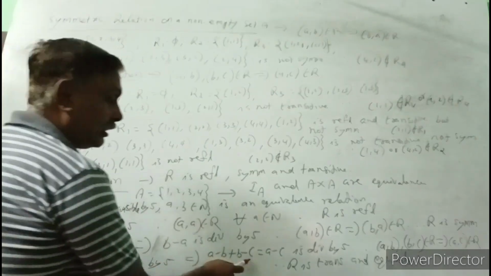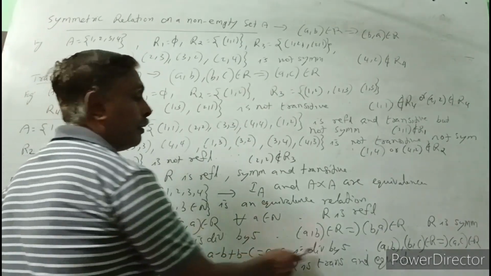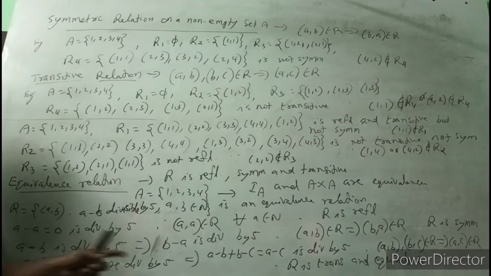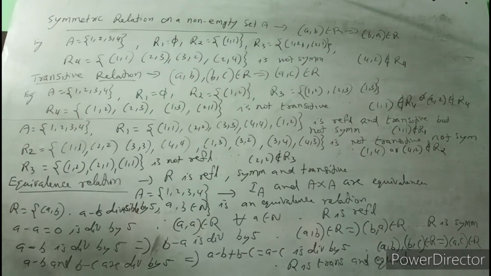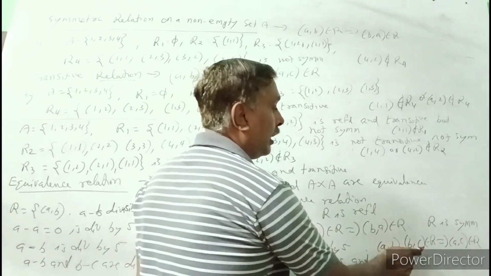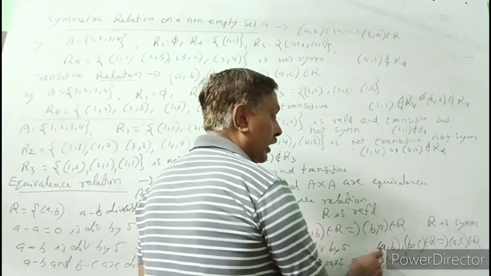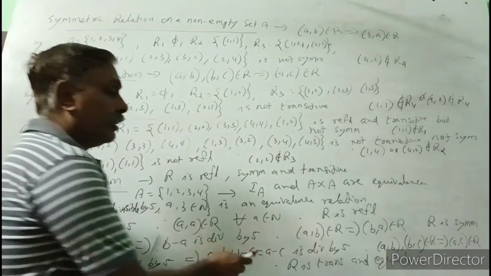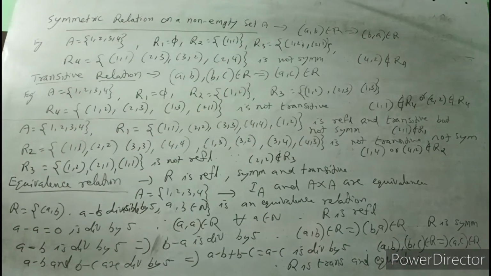That is why adding, you get a minus c divisible by 5, meaning a is related to b and b is related to c implies a is related to c. If (a, b) and (b, c) are in R, then (a, c) must also be in R. That is a transitive relation. Therefore, R is transitive as well as an equivalence relation.